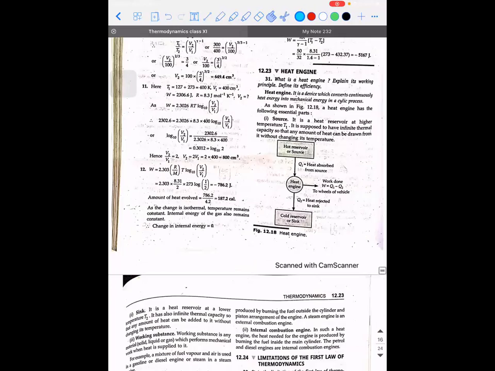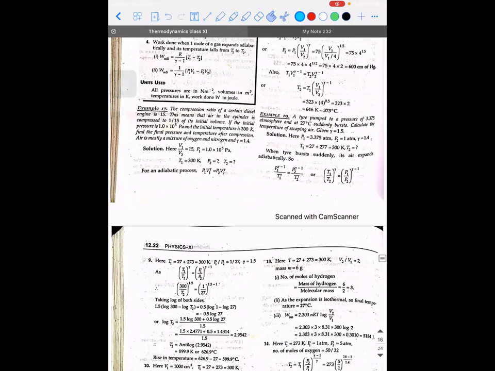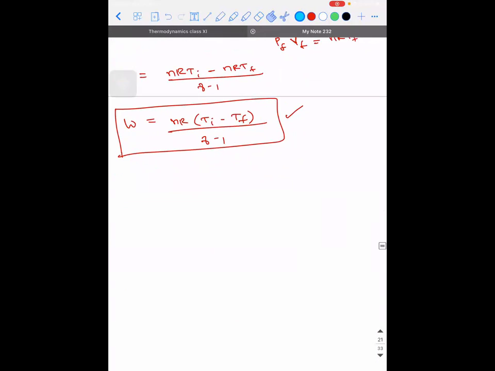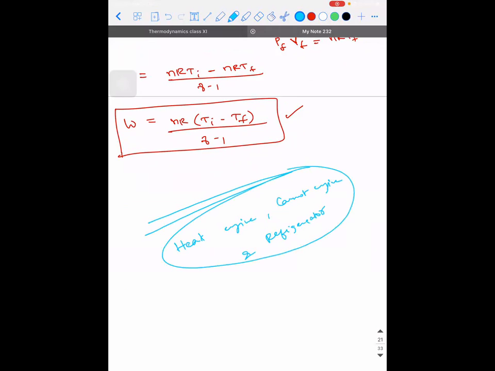So with this, we are done. This chapter is over. There is another topic called heat engine, Carnot engine, and refrigerator. All these topics are deleted, so they are not there.